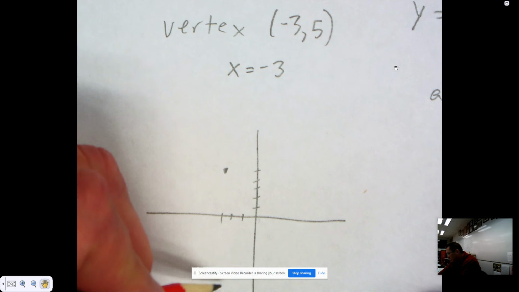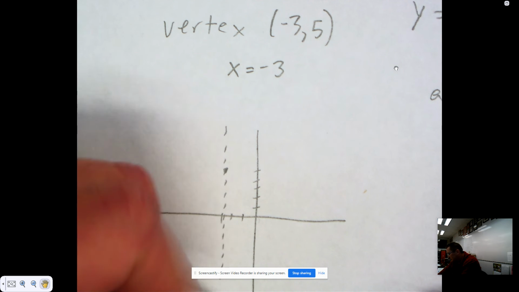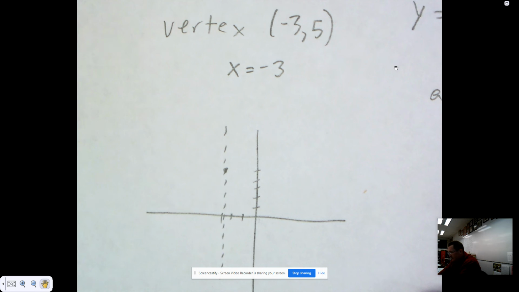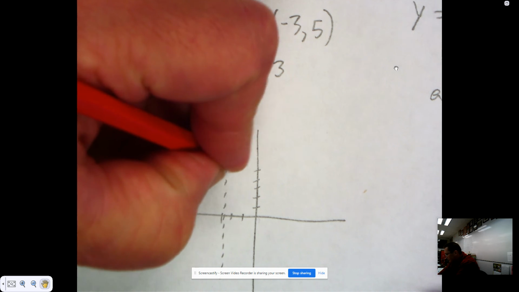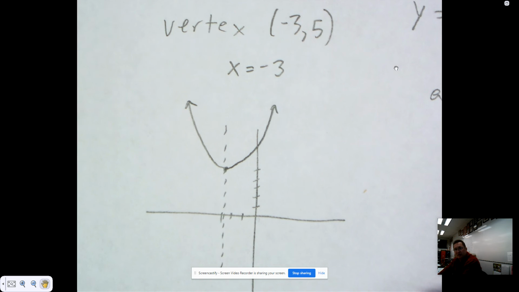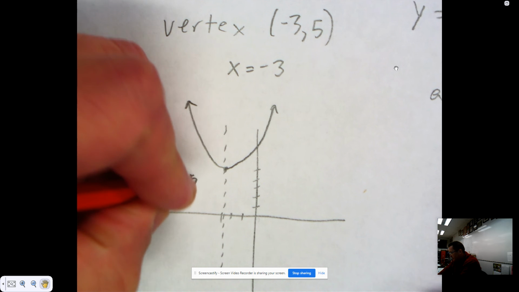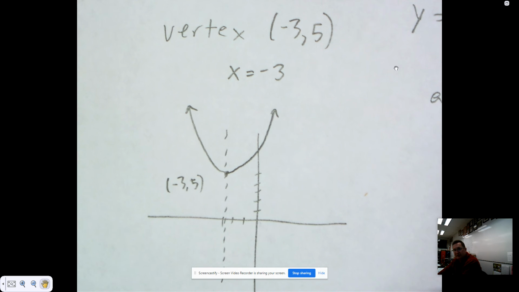The axis of symmetry is at x equals -3, and remember that parabolas are symmetric. So if we draw this parabola like this, and make sure we label the vertex -3, 5, then that's really what we're after today.